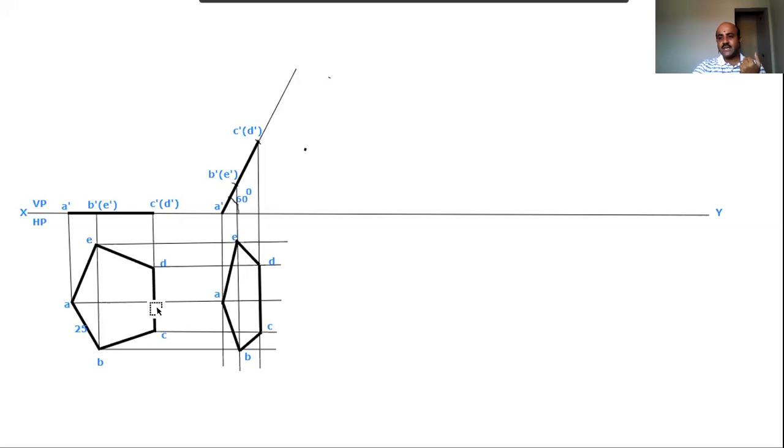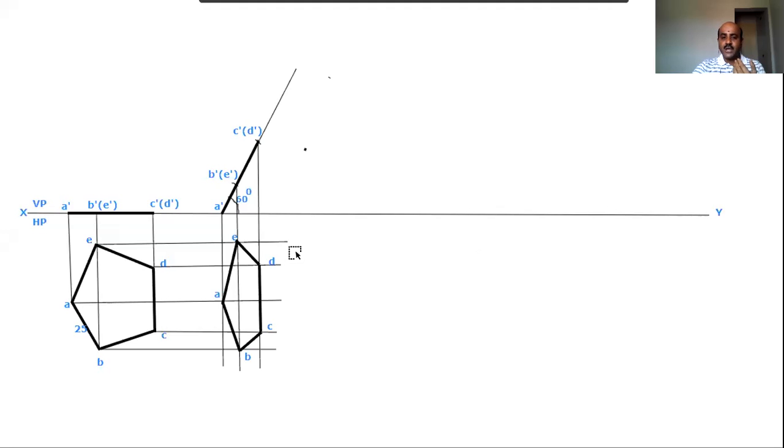Okay. So how do we satisfy this condition? It is already resting on the corner, so one condition is satisfied, that is A should be on the HP, and the side opposite to that corner, that is CD, should be touching VP. So in the third position we will satisfy that condition.